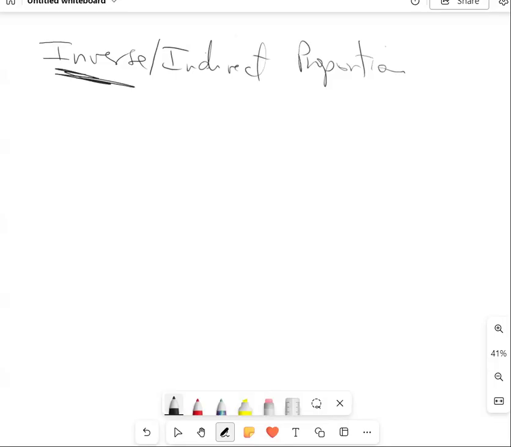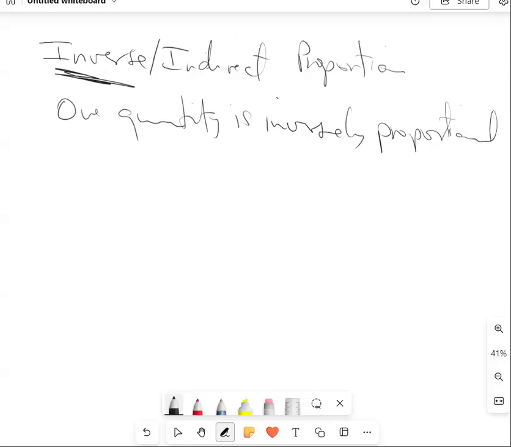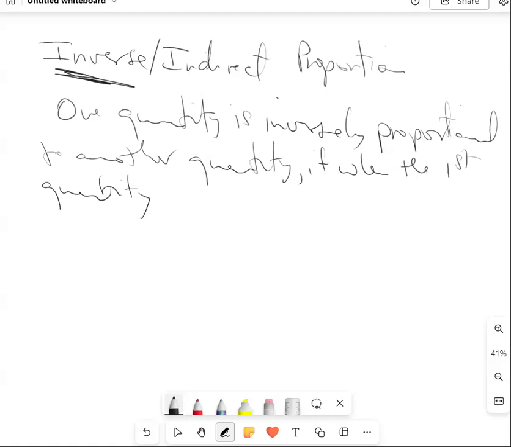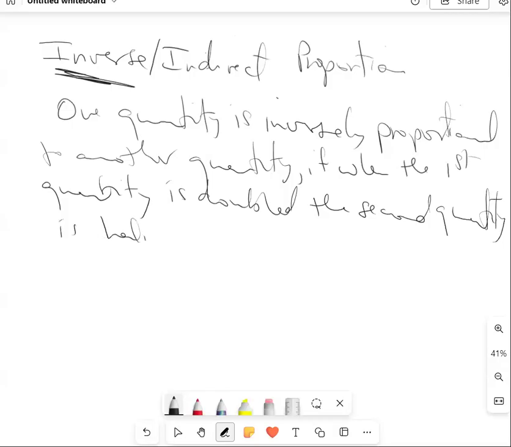So basically, what they're telling you is that one quantity is inversely proportional to another quantity if when the first quantity is double, the second quantity is half, right?